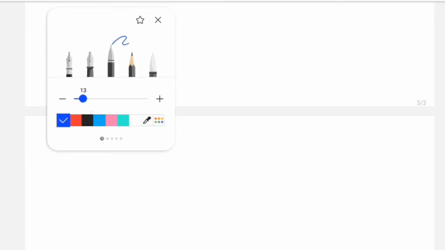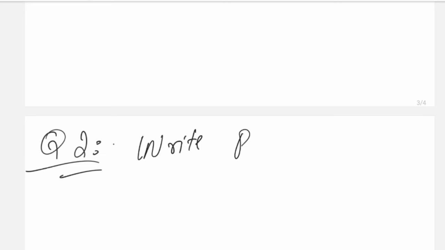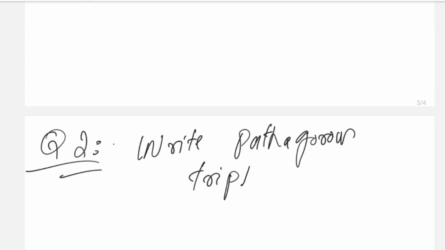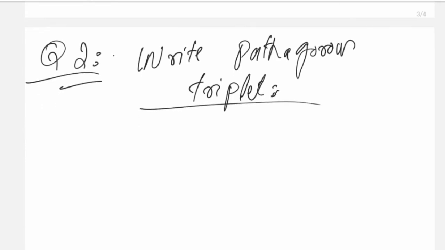Now let's go for question number 2, because question number 2 is very simple and it's only two steps. Question number 2 is: write the Pythagoras triplet.